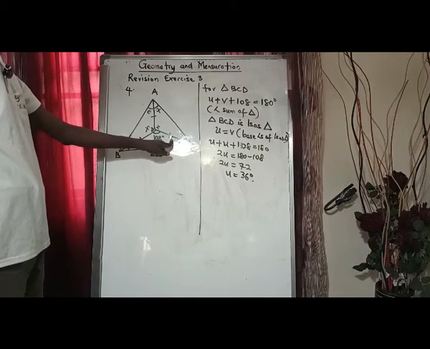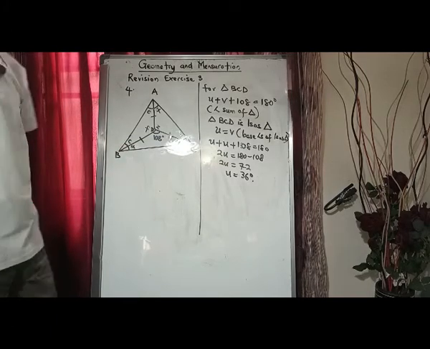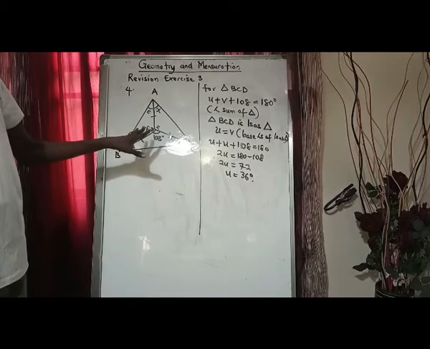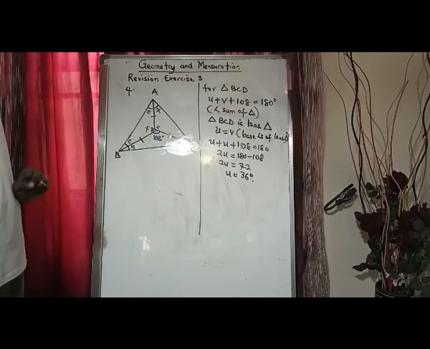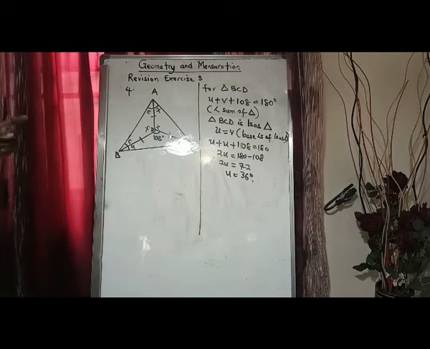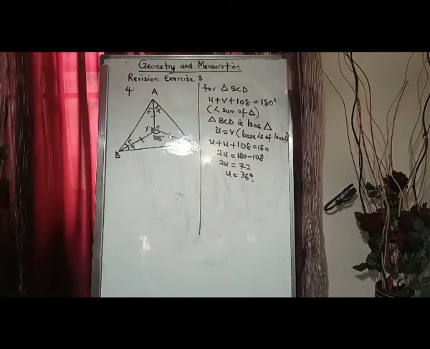So I know that this is 36. I know that this is 36 degrees. All right, there's also something you need to take note of when solving questions in formal geometry. Sometimes you may start off with a method and discover that that method may not necessarily help you.